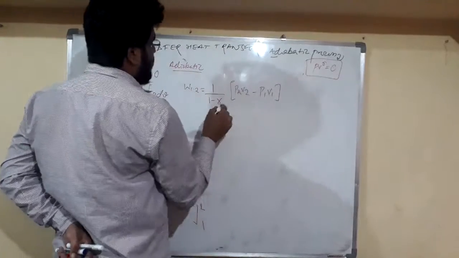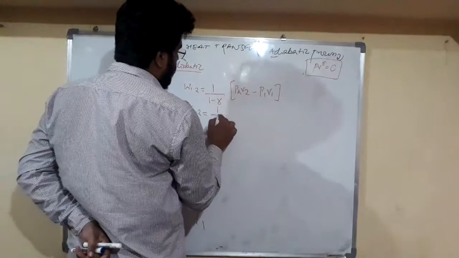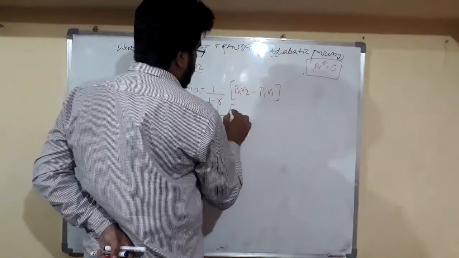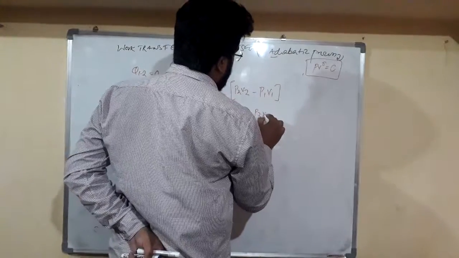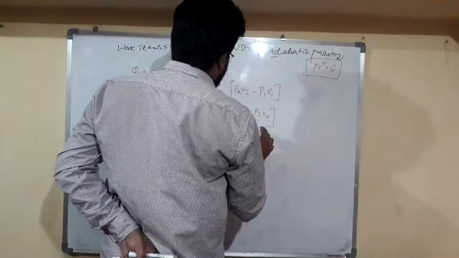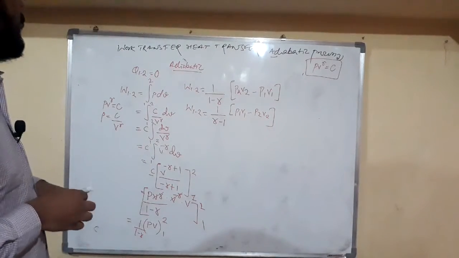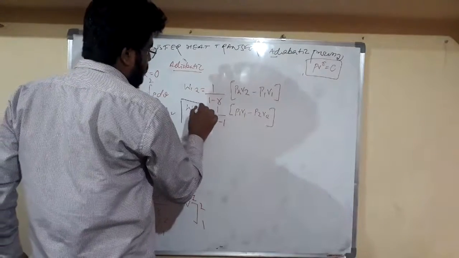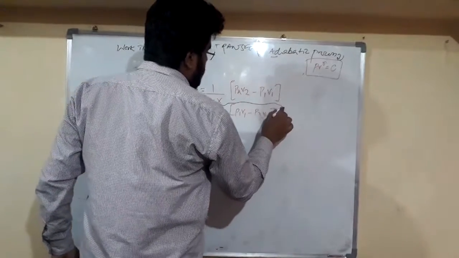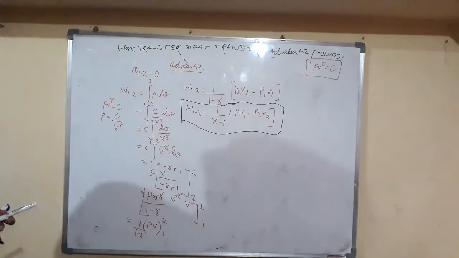And friends, if we change the sign of this, then work done from 1 to 2 is equal to 1 upon gamma minus 1 times (P1 V1 minus P2 V2). So friends, this is the work done during our adiabatic process. This amount of work we will get during our adiabatic process.